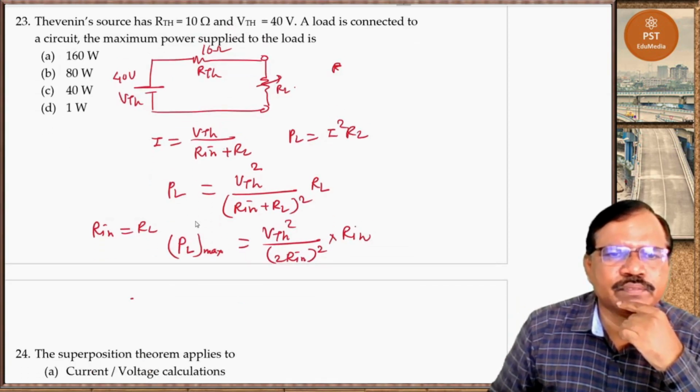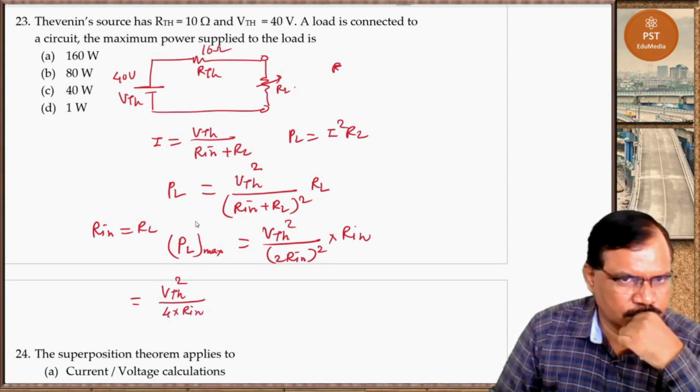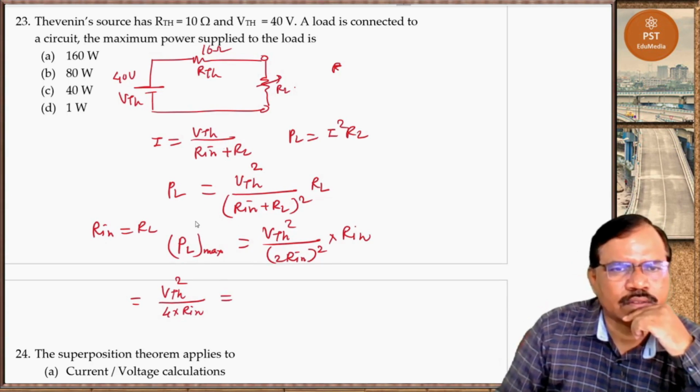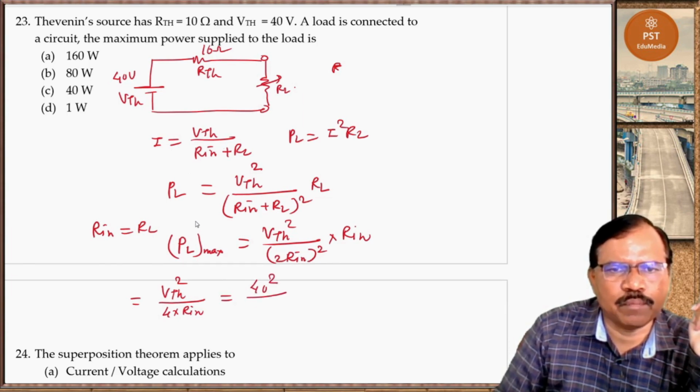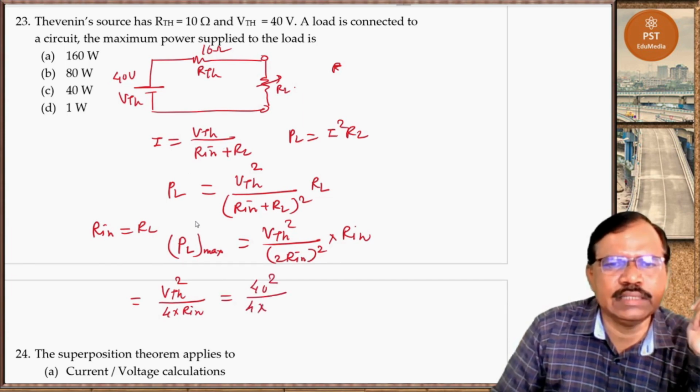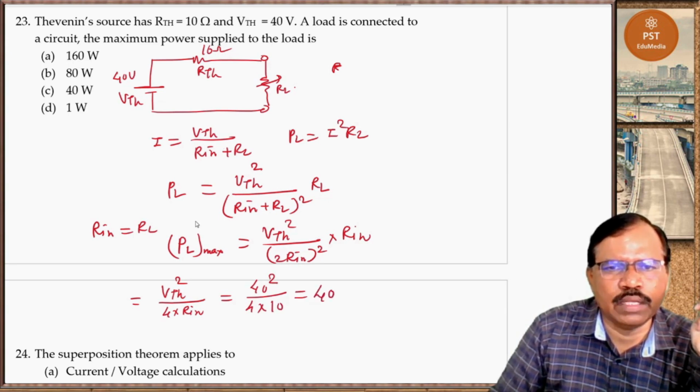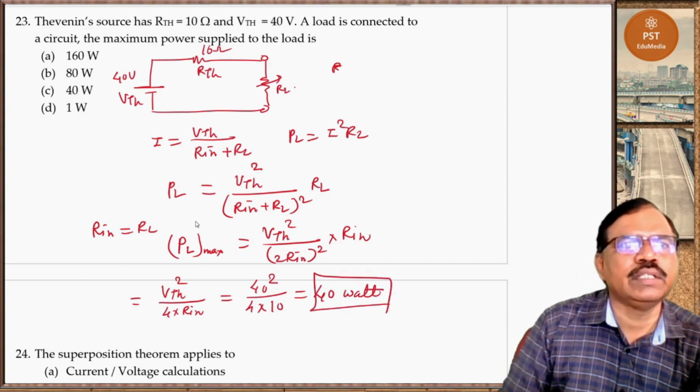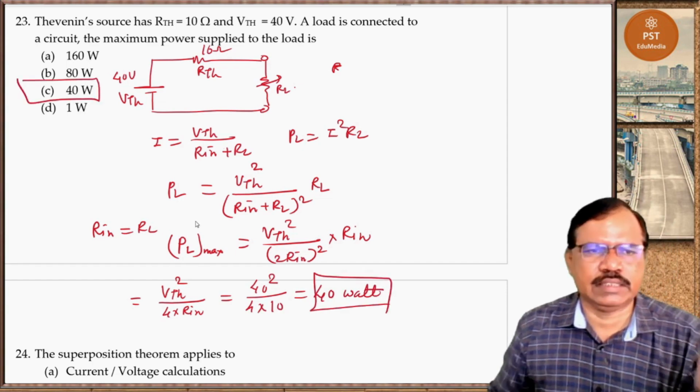You will get VTH square upon 4 times Rin. So now VTH is 40 volt. So we will get 40 square upon 4 into Rin. Rin is 10. So we will get 40 only. 40 watt. So here this one is correct.